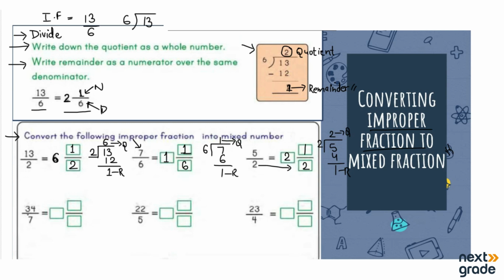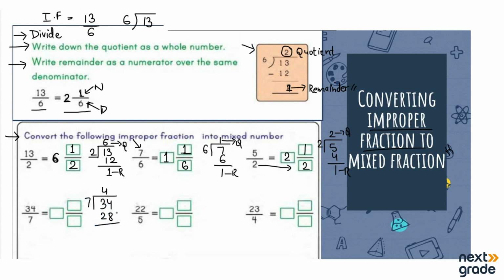Next question is 34 over 7. So we're going to write 34 inside and 7 outside. 7 multiplied by 4 is 28, right? So we write over here 28.